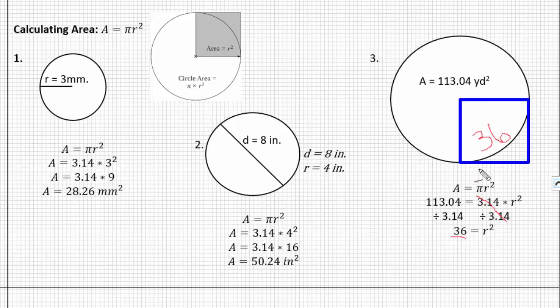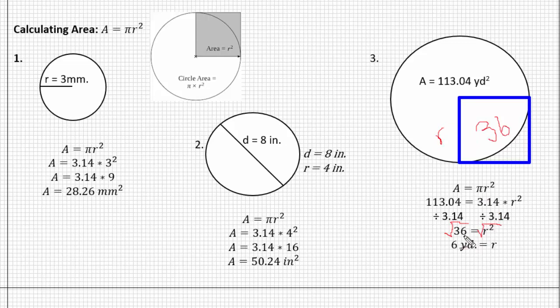So what that means is that the area of one of these squares created by the distance of the radius is 36. We want to know just one side. What is this distance here from the center to the edge? That would be r. So to undo r squared, we have to take the square root of both sides.